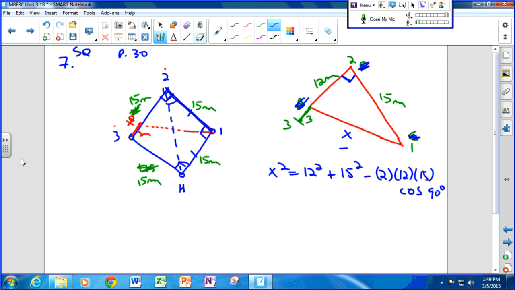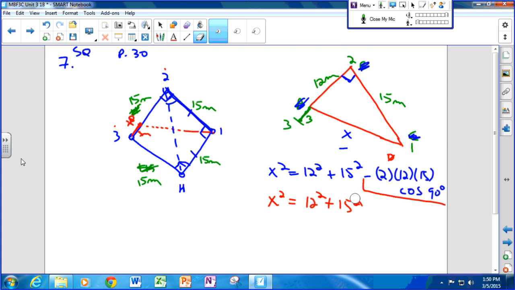That whole expression becomes zero because the cos of 90 degrees is zero. So it reduces to the Pythagorean theorem. I think that's probably what they're trying to show you there.